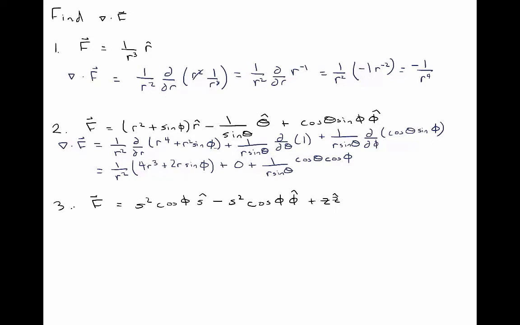Alright, last one is some practice with cylindrical coordinates. Okay, so cosine phi is a constant.